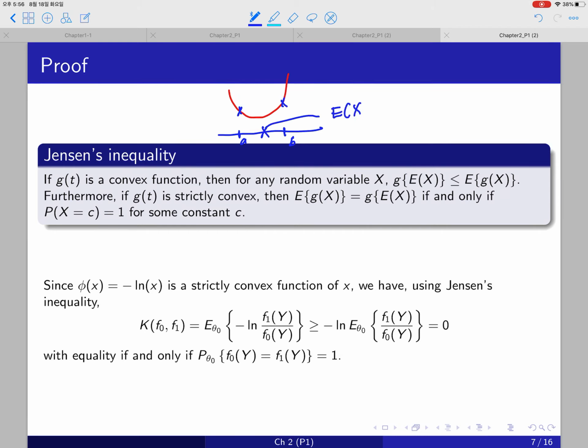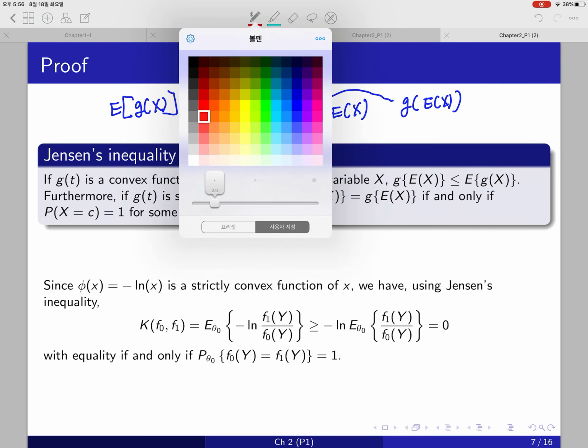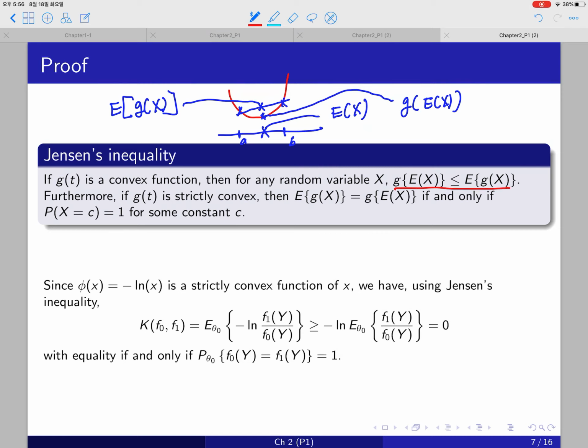You can think of a random variable, so this point corresponds to g of the expectation of x, while this point is the expectation of g of x. That justifies Jensen's inequality, at least graphically. And if g is strictly convex, then equality holds only when x is a constant with probability 1.